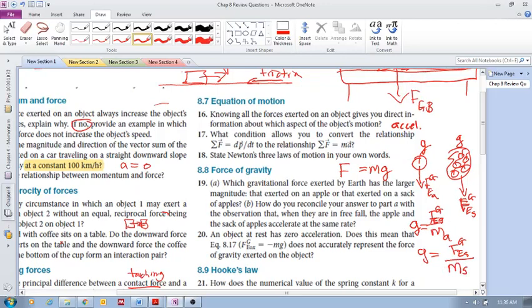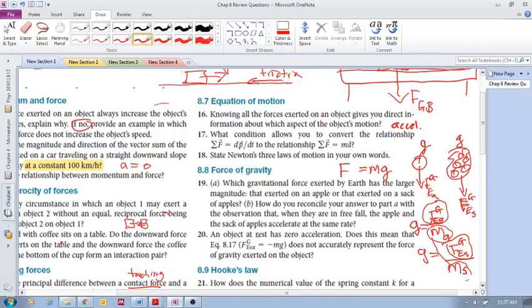What we'll see is that even though this force is larger than this force, this mass, this inertia, is larger than that inertia. So the ratios are still the same. The effect of the larger inertia cancels it out. Okay? I hope that makes sense.